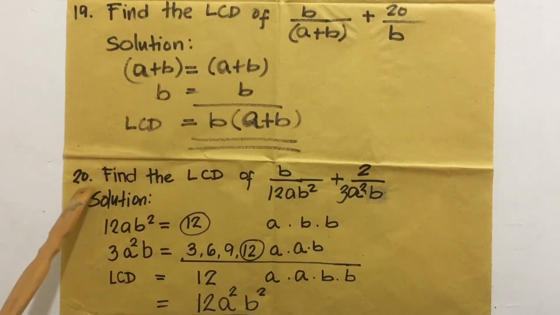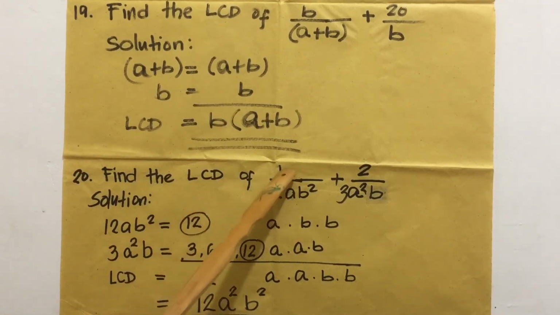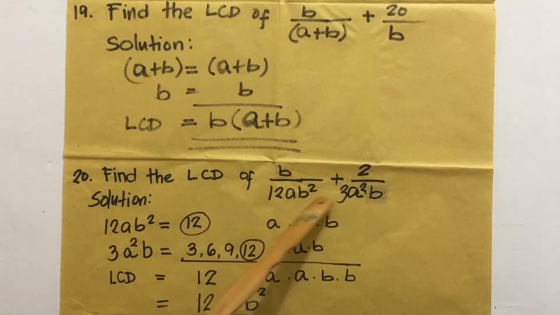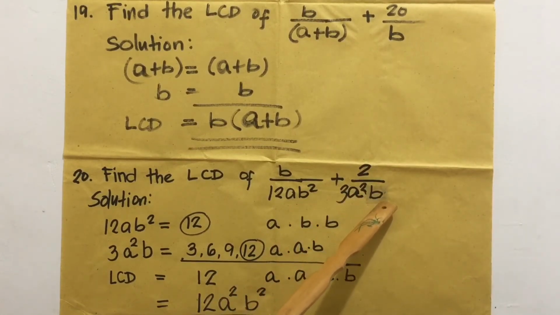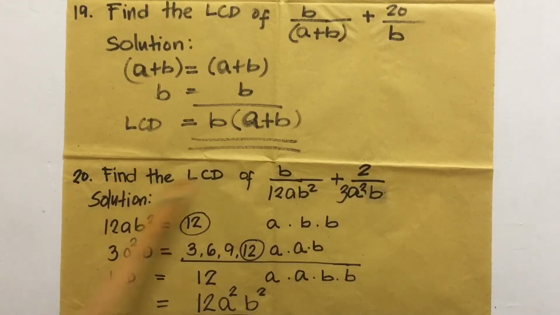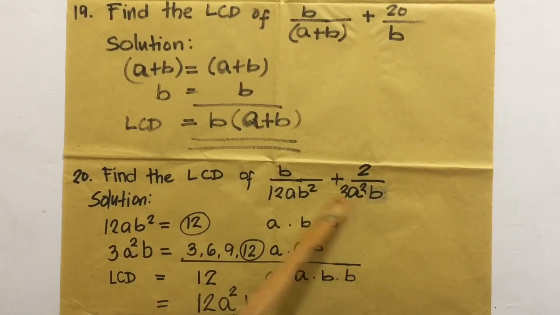Next, number 20. Find the LCD of b over 12ab squared plus 2 over 3a squared b. So our solution, copy first the denominator, 12ab squared, and the denominator of the second rational expression, we have 3a squared b.